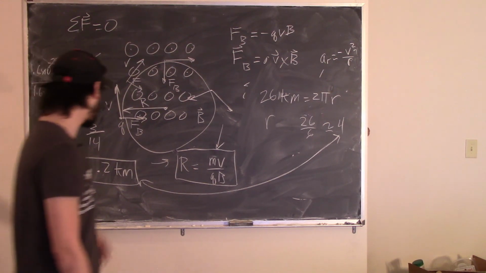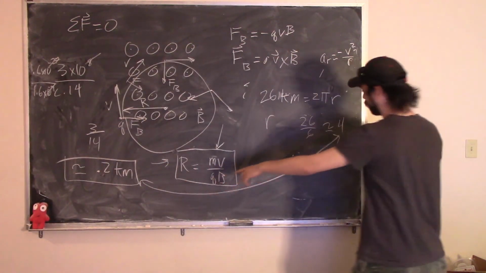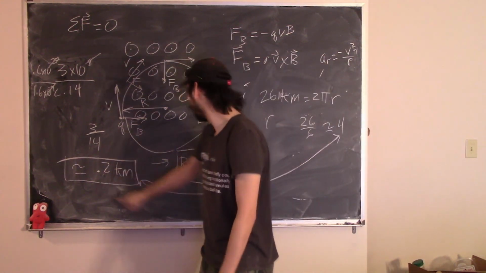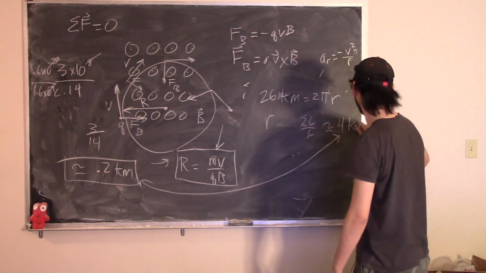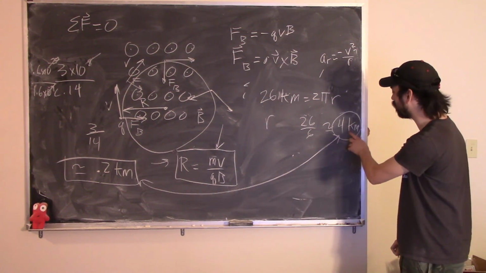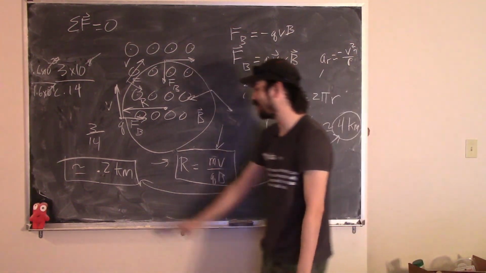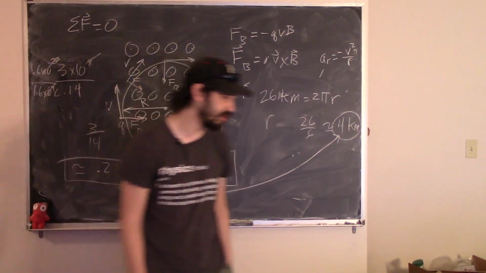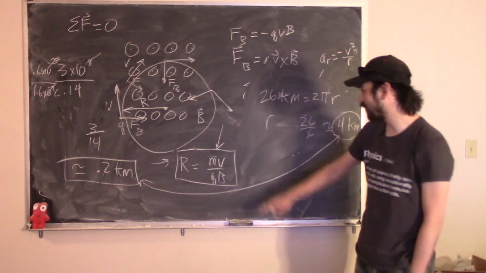And you see actually that we're off by a factor of 50. It should be about 4 kilometers, and I'm finding that it's about 0.2 kilometers using our classical approximation.